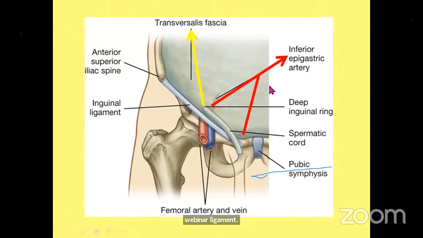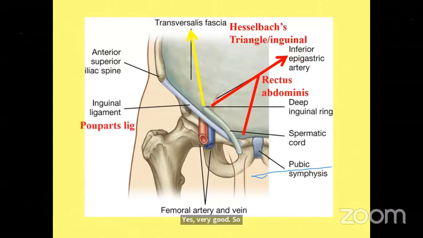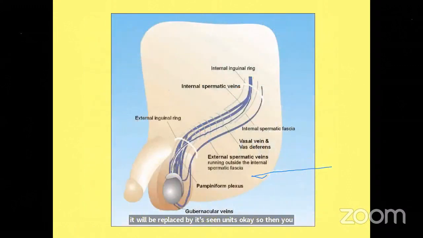That triangle is known as Hesselbach's triangle or inguinal triangle. Another name given for the inguinal ligament is Poupart's ligament. Why I'm stressing these things is that sometimes in the options, you might know all these boundaries, but they will be replaced by synonyms. So you have to know the synonyms as well.